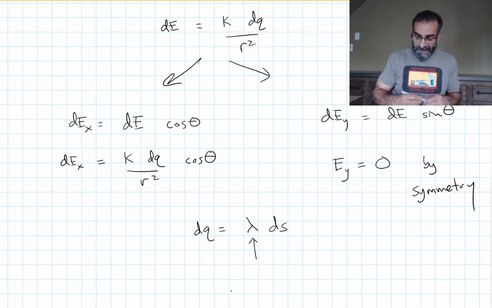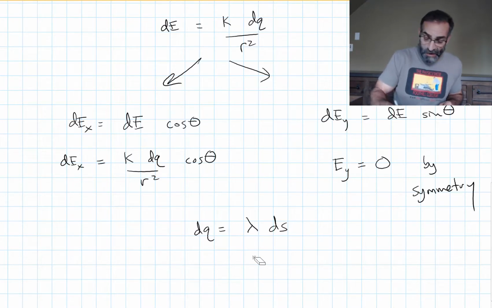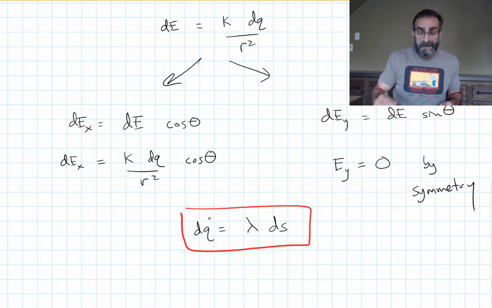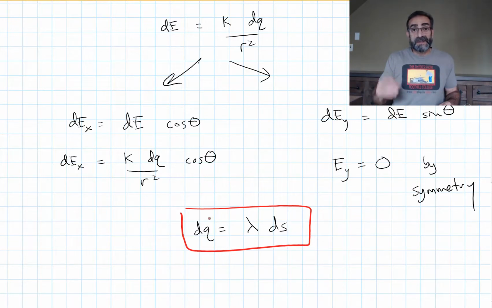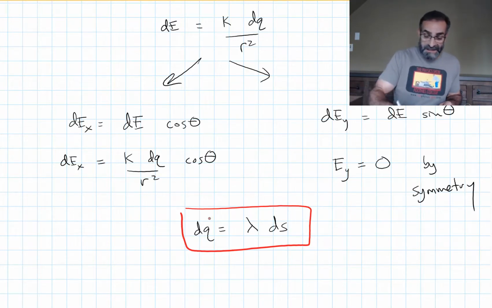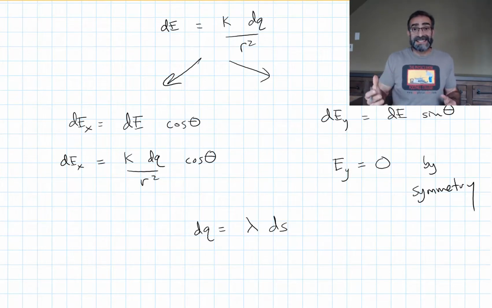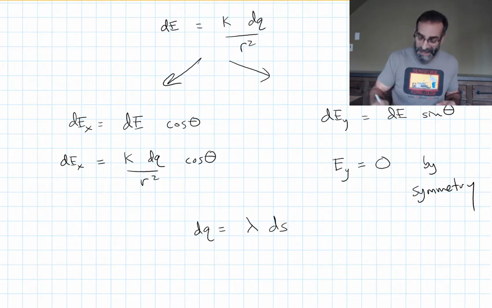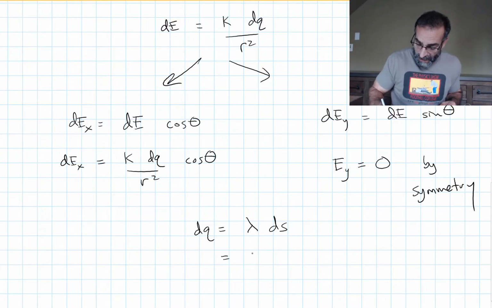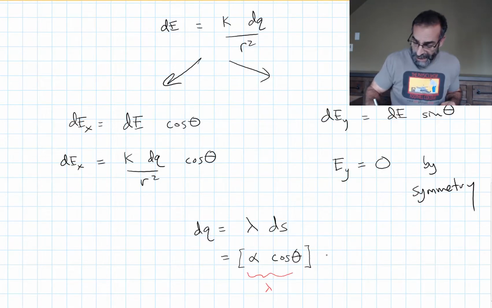But we can't do that in this case because lambda is not constant. But this is always true: dq is always lambda times ds, but lambda is not always constant. If lambda is not constant, we just plug in the function that's given. So in this case, we would plug in alpha cosine theta for our lambda, and our ds is going to be r d theta.